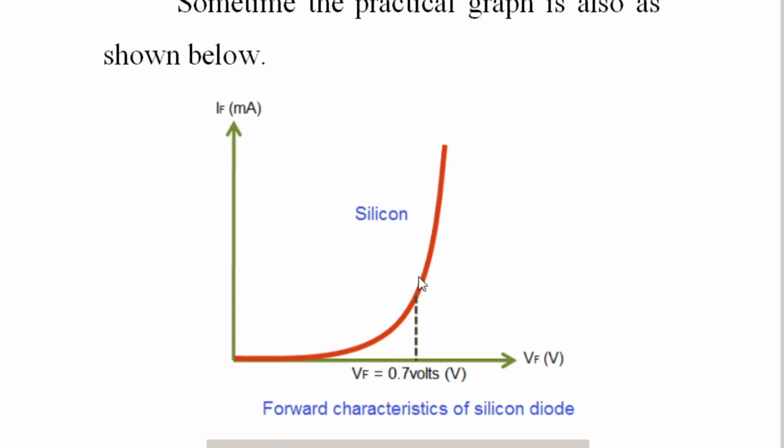But here you can note that this line is a little bit extended, or inclined, on the right hand side. This is not exactly vertical. Sometimes the characteristics are also like this, so the voltage across the diode slightly increases.